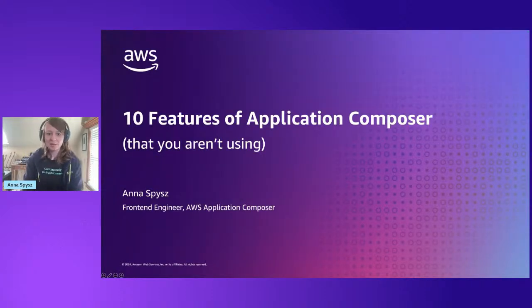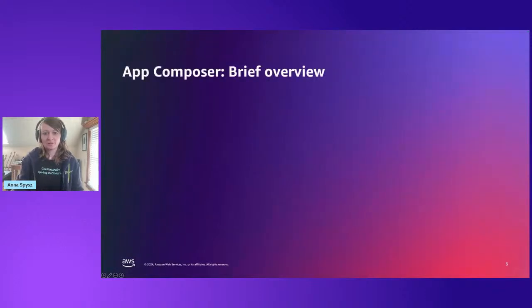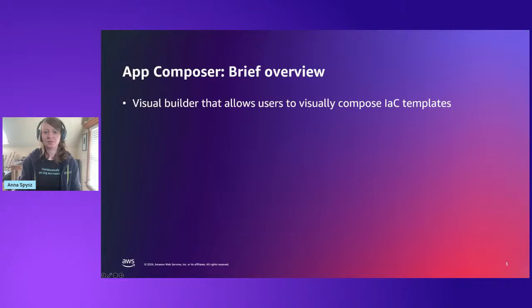So yeah, today we are going to be talking about 10 features of Application Composer that you might not be using. But before we get into that, I wanted to give a brief overview of Application Composer for people who may not have been using it at all. So here's a brief overview of AWS Application Composer.